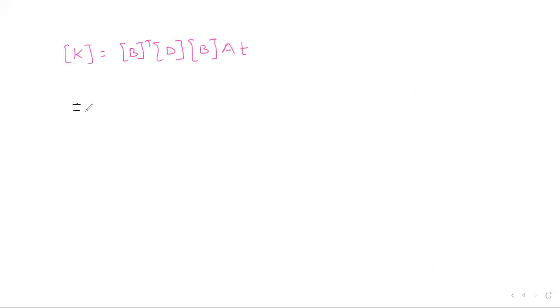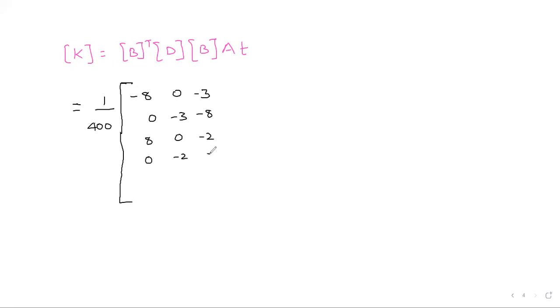The K matrix is nothing but B transpose matrix into D matrix into B matrix into area into thickness. So it is equal to B transpose. B transpose we have already found, 1 by 400, times minus 8 0 minus 3 0 minus 3 minus 8, then 8 0 minus 2, then 0 minus 2 8, then 0 0 5, and the last is 0 5 0, right?